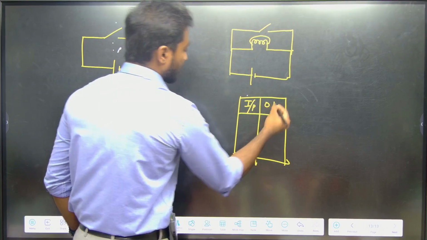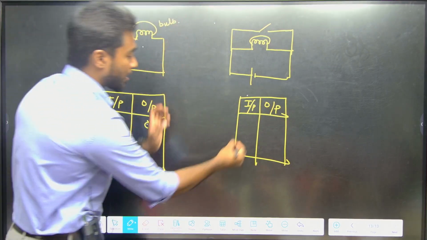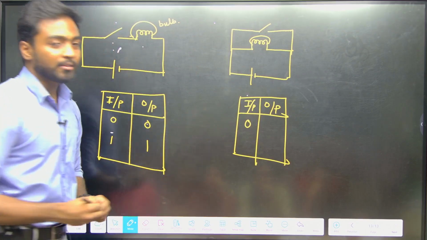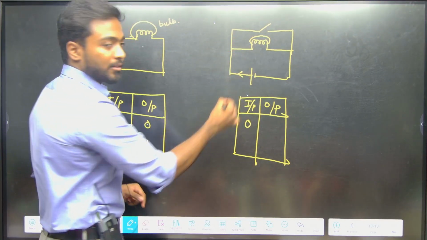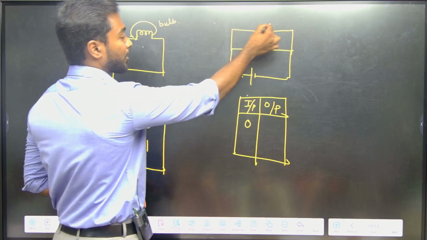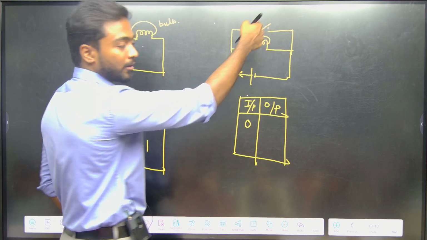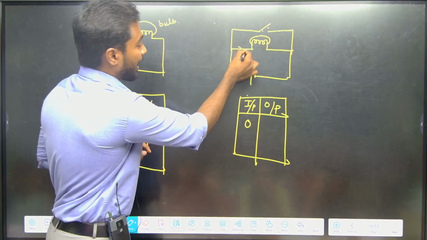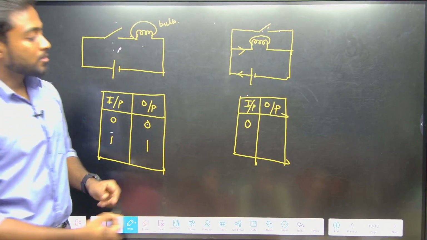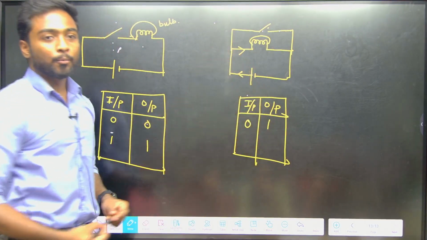Switch is off, which is nothing but 0, but the bulb is glowing. The current will be coming like this, no? It will travel, but your switch is open. Which means the current will not go here, and it will travel in this circuit. So the bulb will glow.